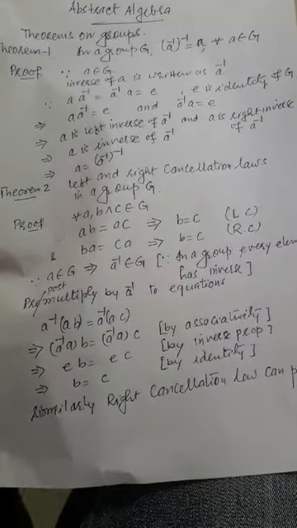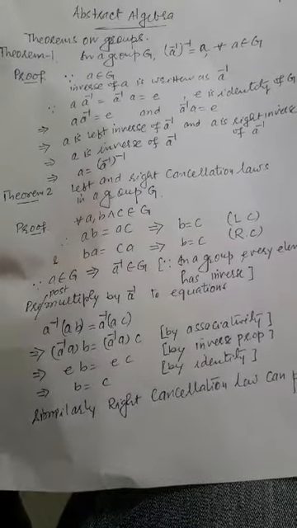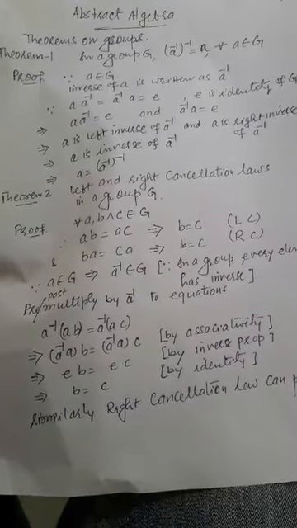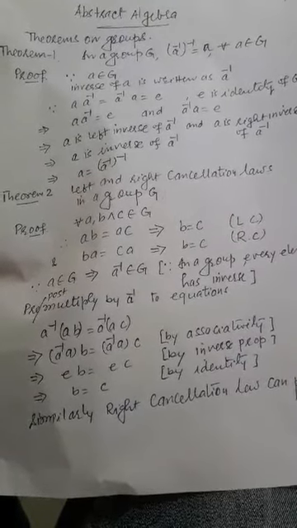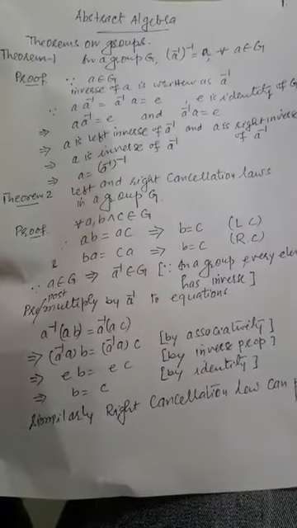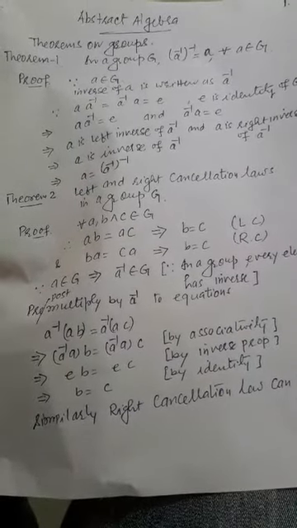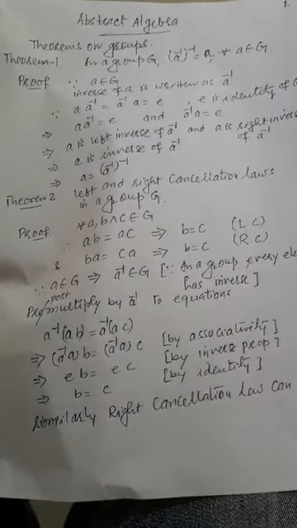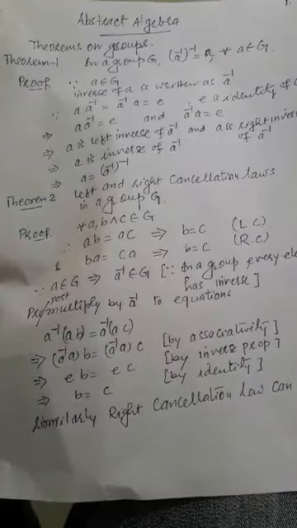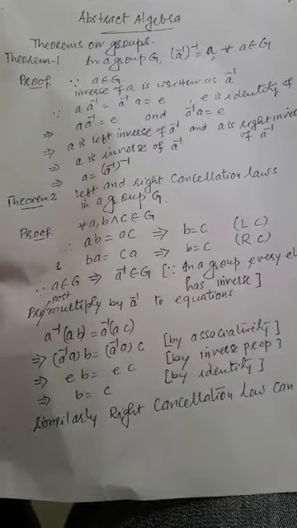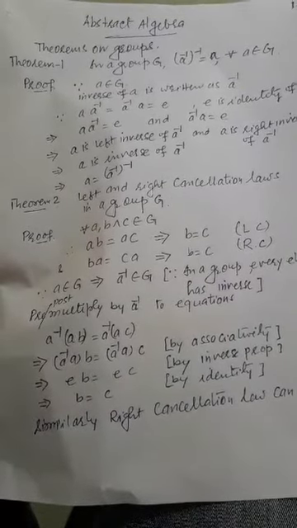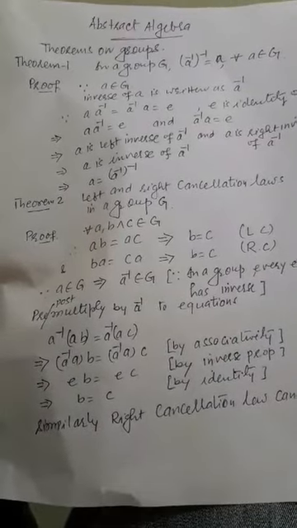Using associativity, we change the association, a inverse a. Using the inverse concept and the identity concept, we get b equal to c. Similarly, we can show that b equal to c by post-multiplying the second equation ba equal to ca by a inverse. Hence, this is a proof of the theorem.